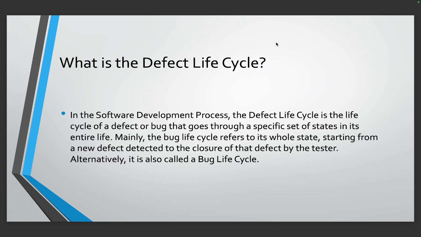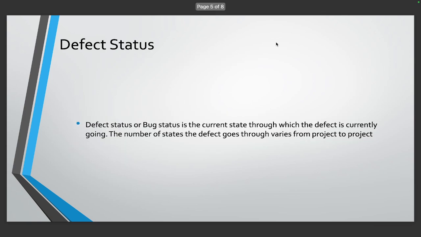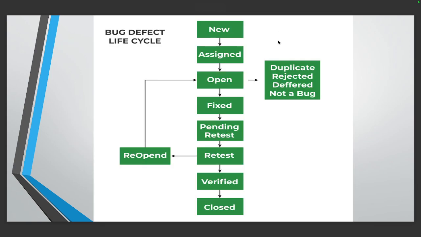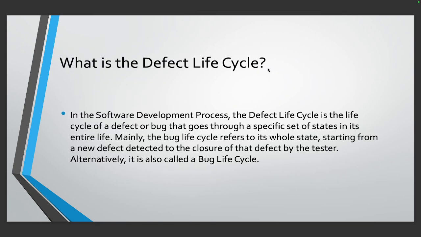These states can be different from project to project or organization to organization. The objective of the defect life cycle is to easily coordinate and communicate the current status of the defect and thus help to make the defect fixing process efficient.